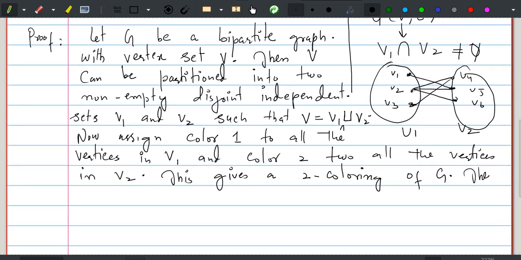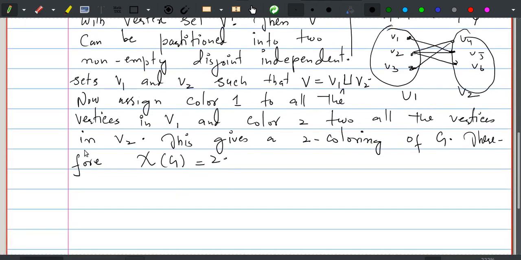Therefore chi of G is 2. If G was an empty graph, then its chromatic number would have been 0.